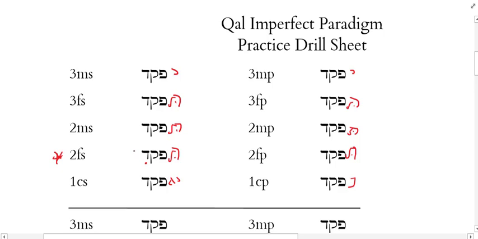Yeah, Kirik Yod. Good. And then which one of the plural sides on the right does not have a personal ending or suffix? The 1CP. Very good. So I'm going to have nothing here and nothing all the way over here on the left, okay? Who remembers which ones get the na ending?